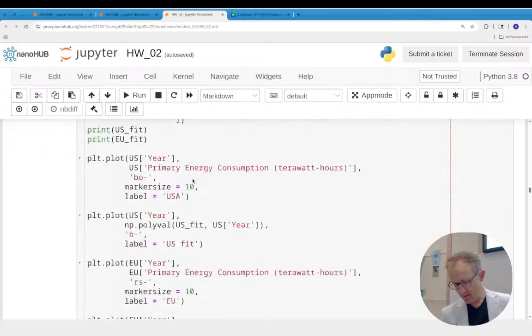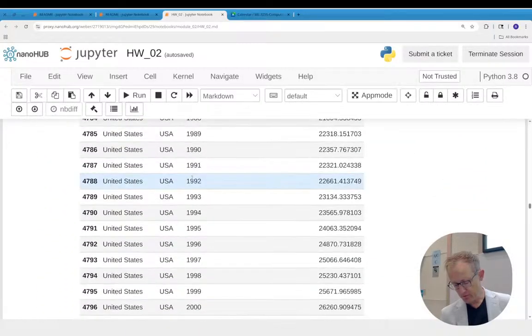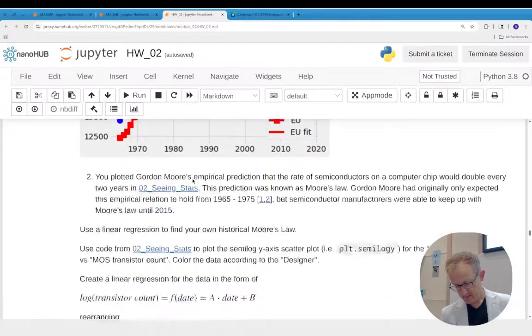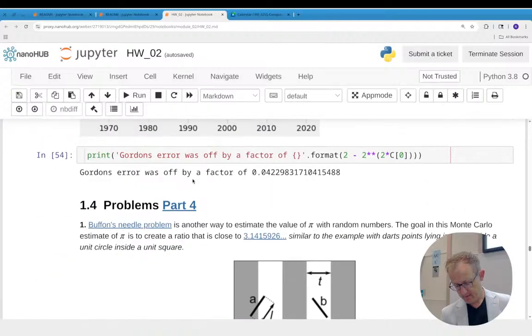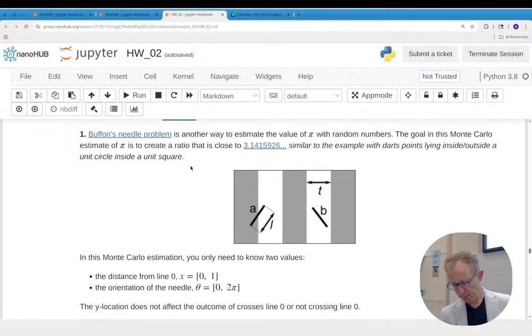And then the other thing people usually have some trouble with is Monte Carlo work. Is anyone making progress or have questions on Monte Carlo stuff?